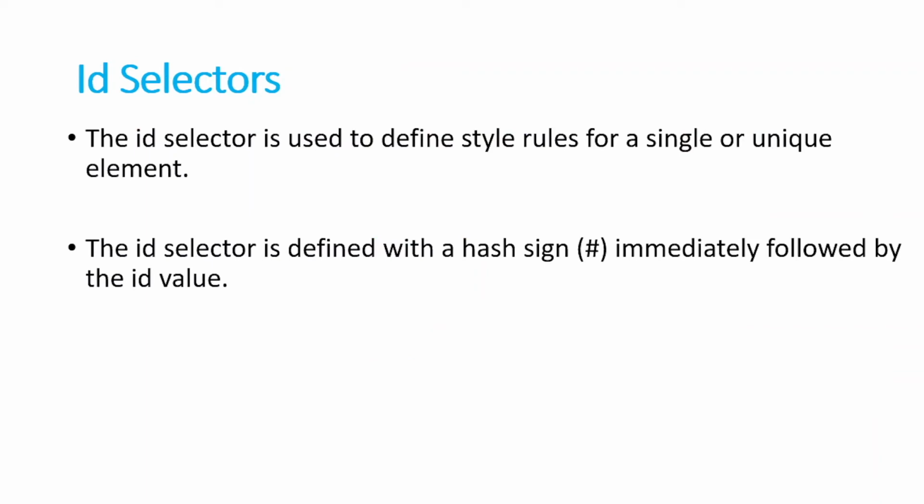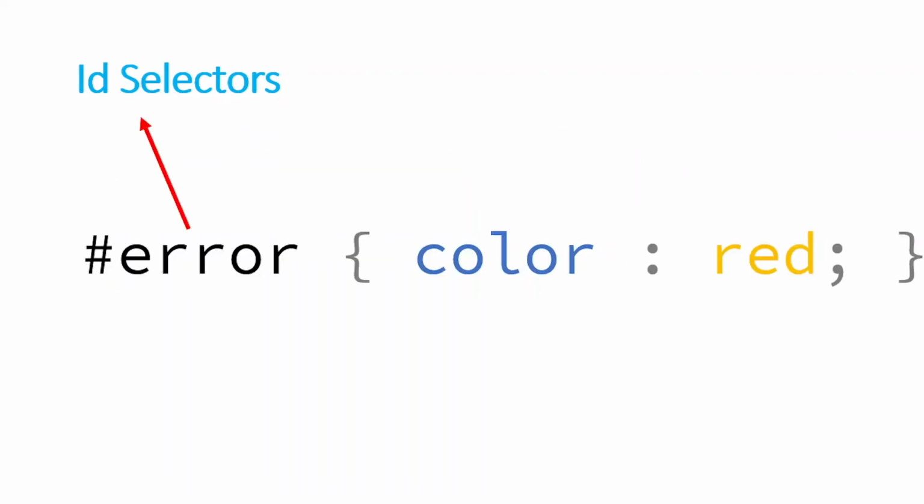The other one is ID selectors. ID selectors are specified by adding one hash symbol. An ID can be of any name. You can specify any name. An ID is used for defining unique styling for an element. If you want to style an element with an ID, the ID will look like this.